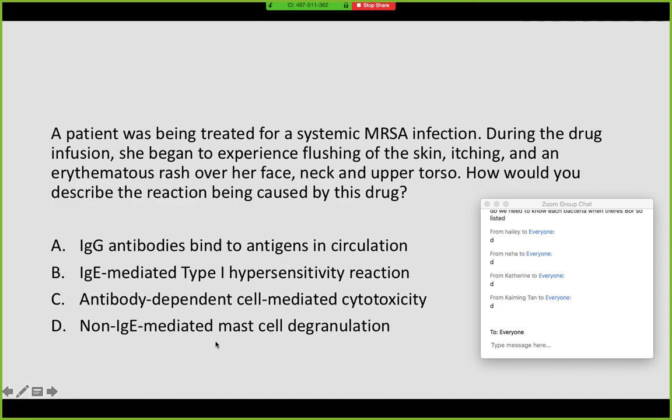It's a non-IgE mediated mast cell degranulation. And what is this question stem describing? What drug did the patient get? Yeah, vancomycin, and right, red man syndrome. Good job.